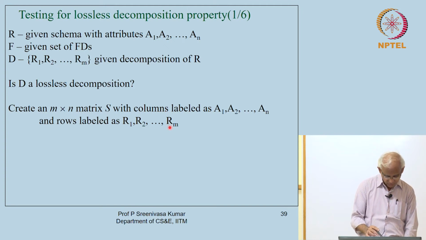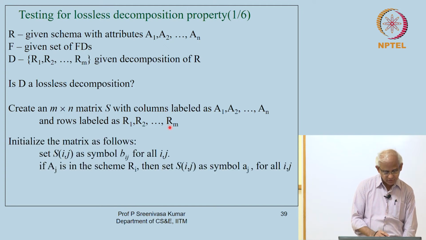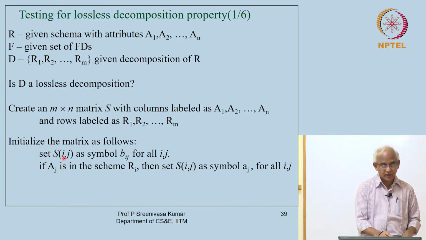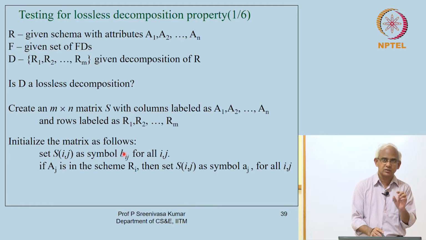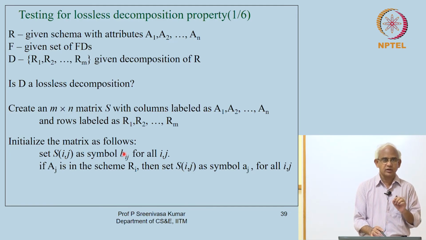Okay. And it is initialized like this. The ith row jth column is initialized to a symbol called Bij uniformly. So all B symbols, but each B symbol is distinct from the others because it has subscript ij, Bij, standing for the ith row jth column.